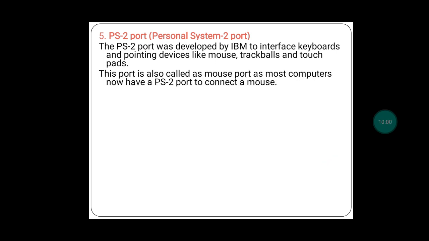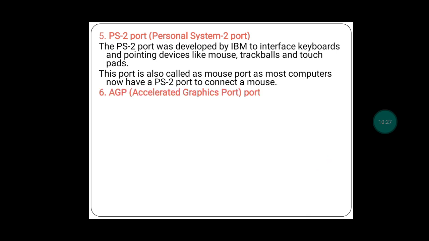This port is also called the mouse port, as most computers nowadays have a PS2 port to connect to a mouse. Yes, we can connect a mouse using the USB port also, but a special port is there to connect the mouse to the computer system, that is the PS2 port. We can see two ports on the CPU, even in the lab. When we come to the lab, I'll show both the ports.